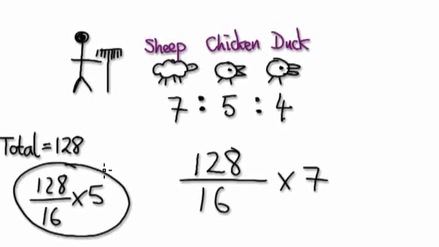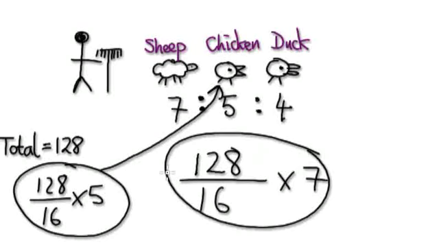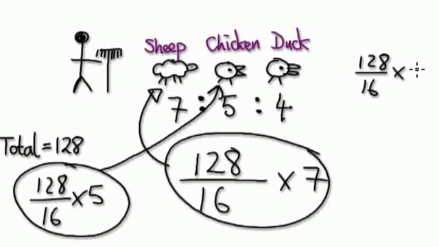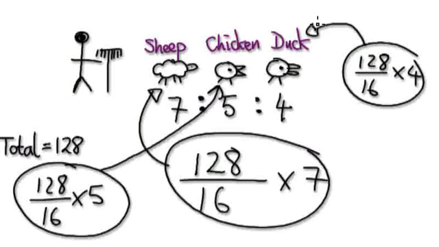This here will give you your number of chickens. This whole thing here will give you your number of sheep. And if you want to know your number of ducks, get the whole amount, cut it up into 16 equal parts, and then take 4 parts. This here will give you the number of ducks. You can get a calculator and work that out for yourself.